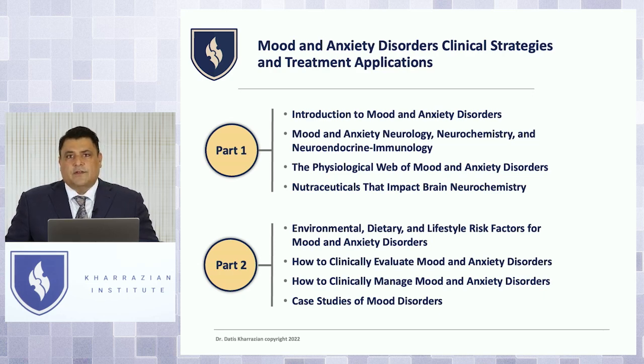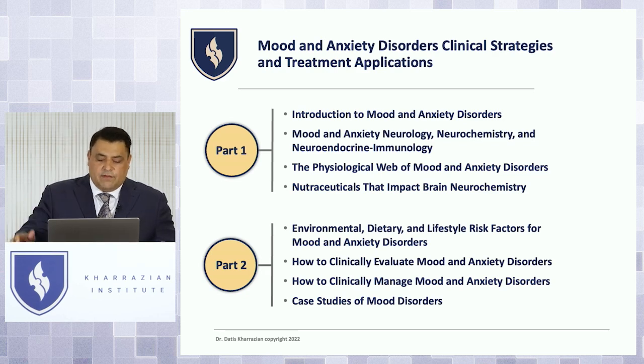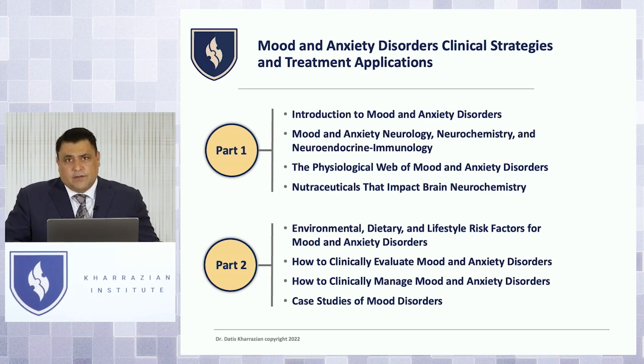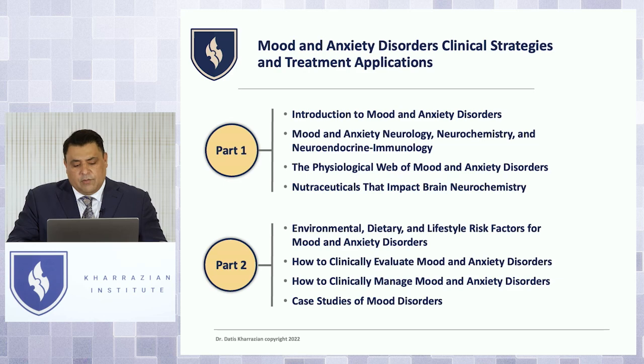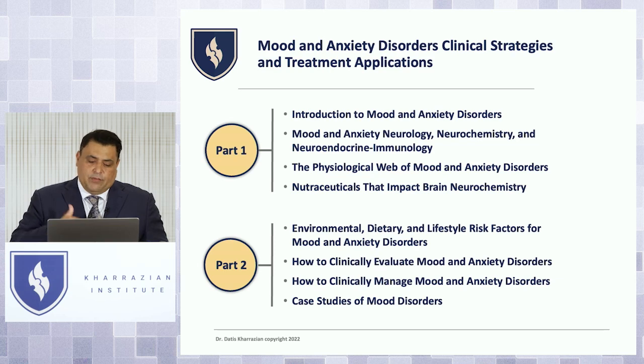Then we'll do a dive into what's been published about environmental, dietary, and lifestyle factors that impact mood disorders. Most importantly, we'll go step by step through how to actually evaluate mood disorders and create a treatment program. And then I'm going to share some real case studies of patients with mood disorders, how we evaluated them, and how we worked them through the process.